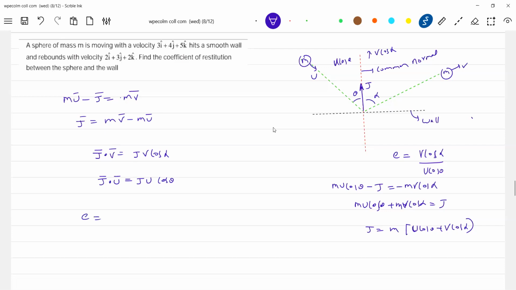So e equals... Let me write one more step here. Just mathematically managing this, nothing big.